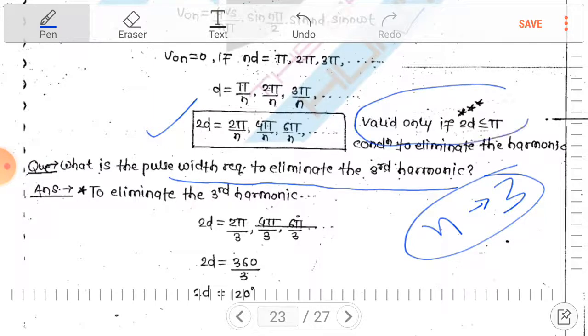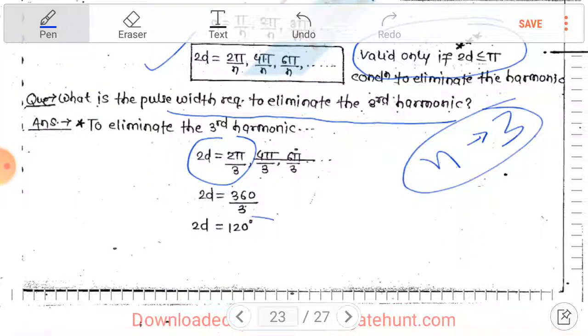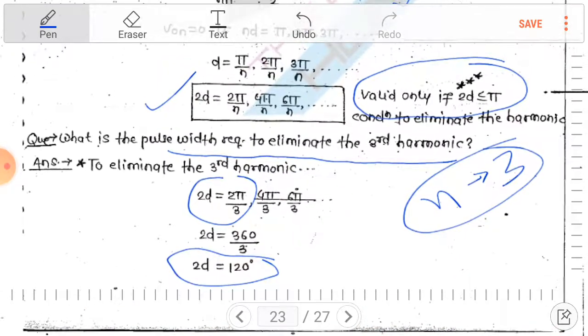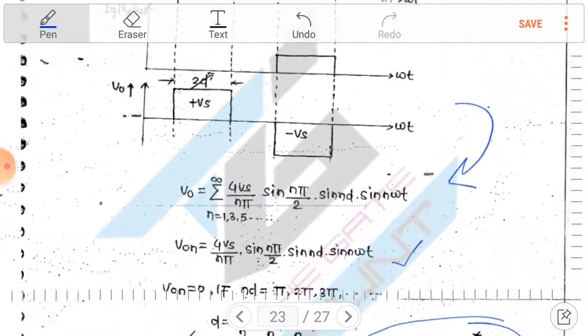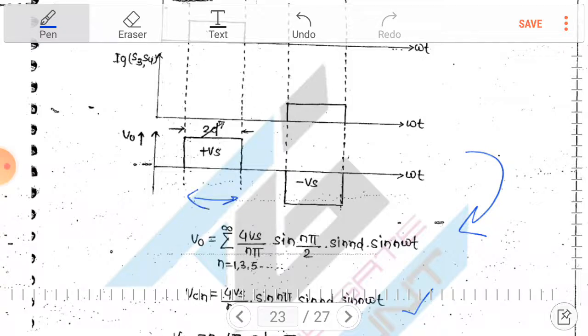This is valid only for 2D less than or equal to pi. So we will consider only 2 pi by 3. So 2D equals 120 degrees. So in each half cycle, the pulse width will be equal to 120 degrees for eliminating the third harmonic in the single pulse width modulation technique.